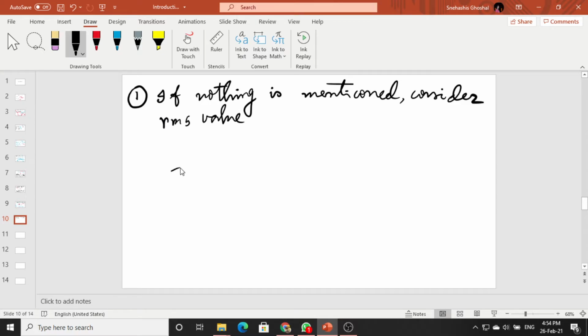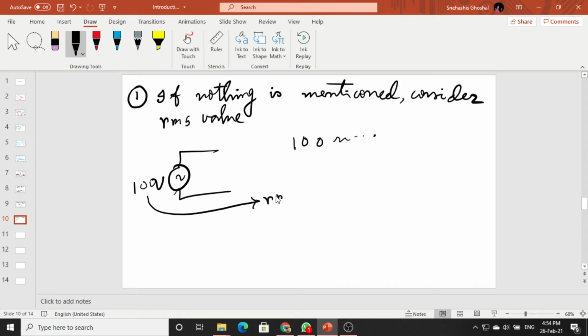Suppose a source is given, the voltage is given as 100 volt. So you might get confused whether this 100 is 100 sin omega t or some other 100. In that case 100 should be your RMS value if nothing is mentioned. So your representation will be 100 root 2 sin omega t.